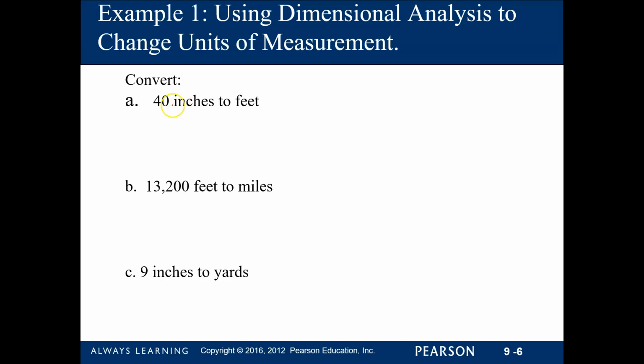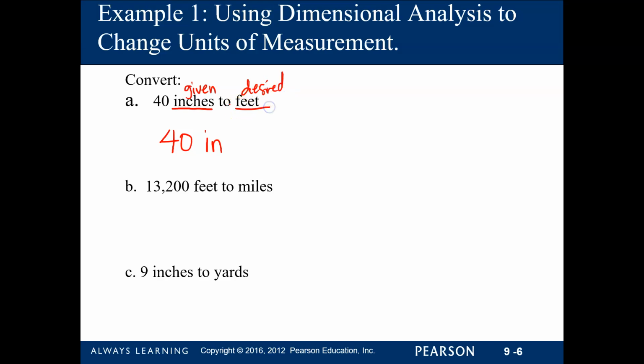So we need to convert 40 inches to feet. If you take a look here, we are given inches. This is the given. So what we do is we write 40 inches over here. Now, what is our desired unit? This is the desired unit.